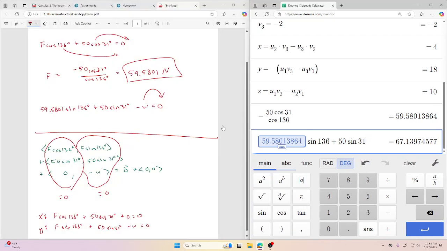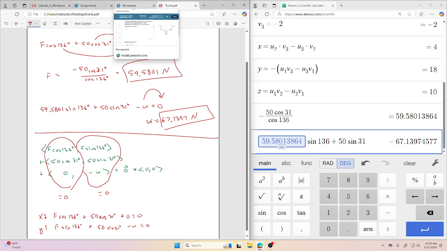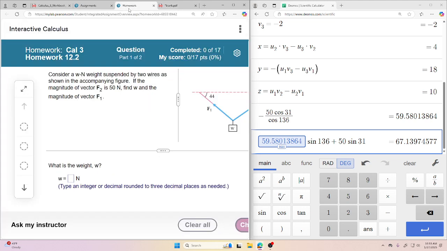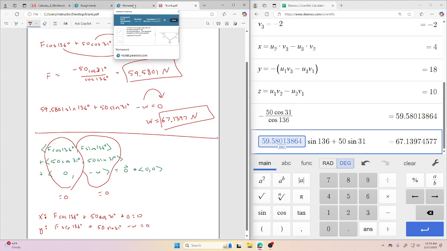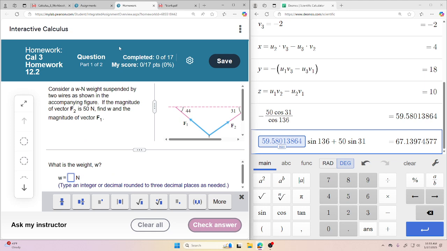Right. Yep. So then W would equal 67.1397. Again, that's in newtons, isn't it? All this is newtons. Okay. I want to see if it's right before we actually say, good job, Chad. So, oh no, they're wanting W first? W. That would be 61.14. No, they're going to want 3 decimals. Okay. Oh, wait, I have my answers right there on the side. What am I thinking? 67.140.